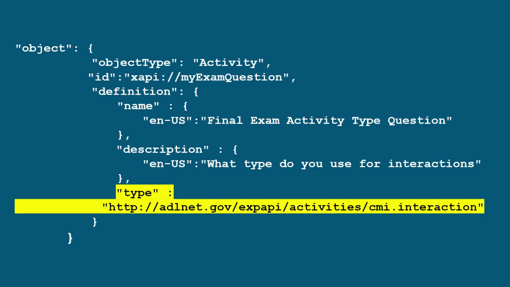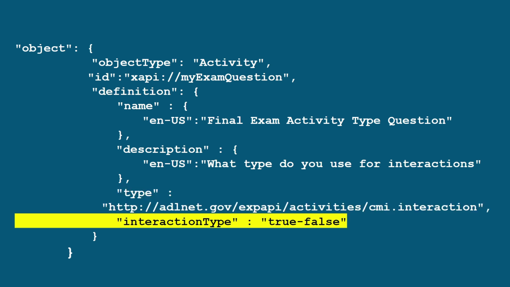This is the object of a statement, and we know it is a CMI interaction because the type of the object under the definition says it's a CMI interaction. When we have things that are CMI interaction, we add another attribute, interaction type, and it has a set of potential values. This one is true-false. So what this is saying is that the thing the actor is interacting with is a CMI interaction of type true-false. In other words, a true-false question.